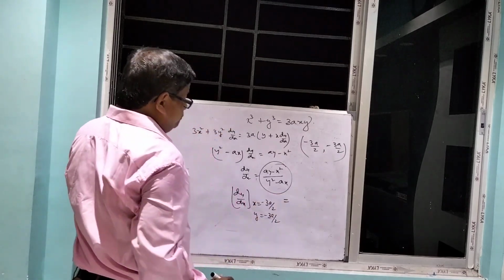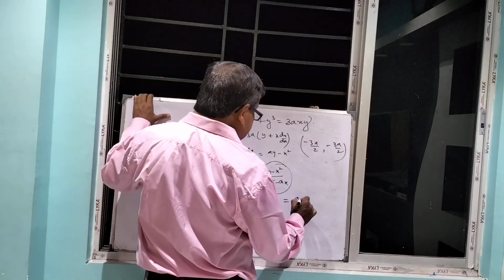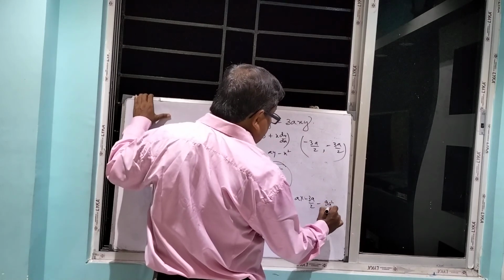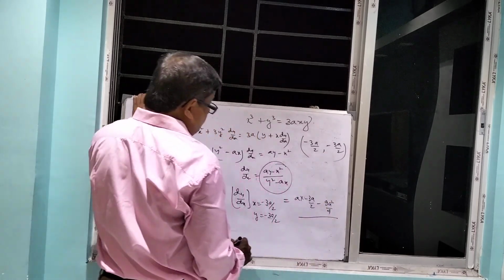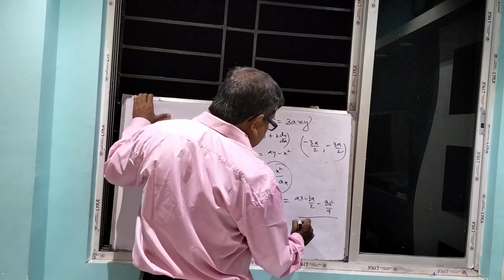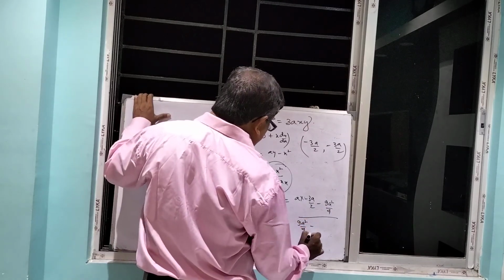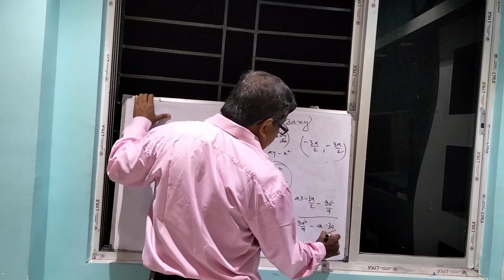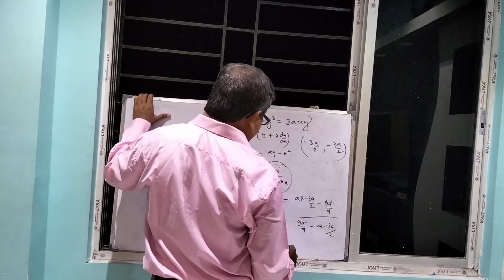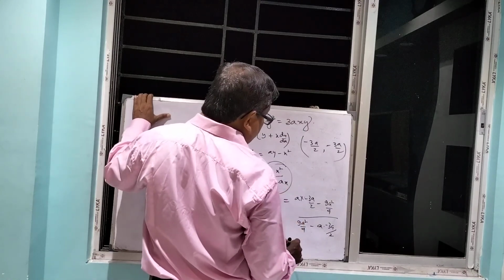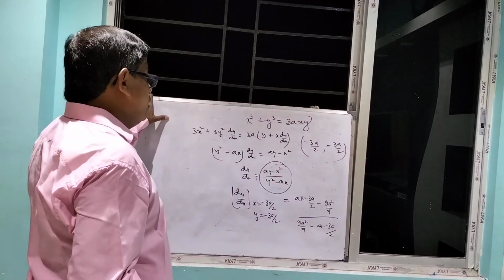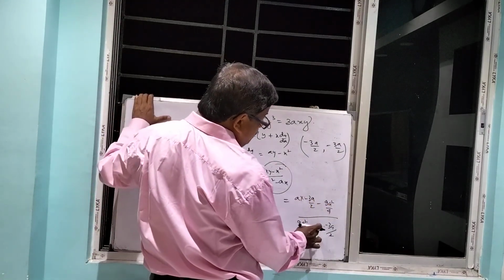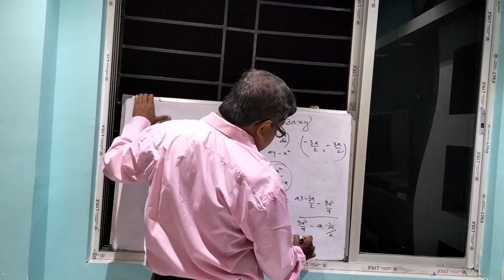Just put the value. a into 3a/2 minus 9a square by 4, divided by y square 9a square by 4 minus a x, that is 3a square by 2. Now look at here. If you take minus here, one plus is there. So both same. So minus 1 is coming.